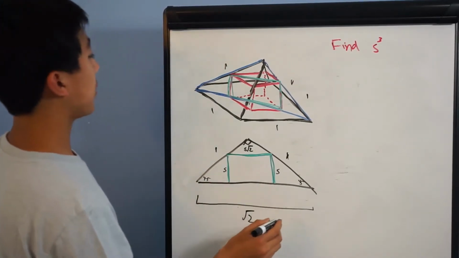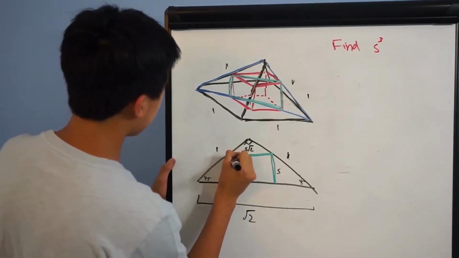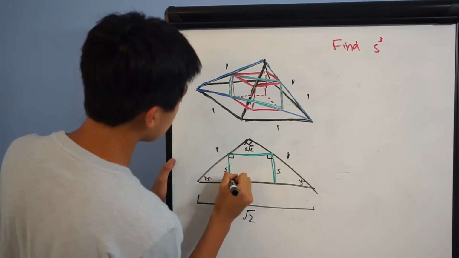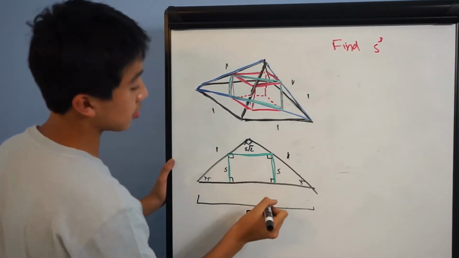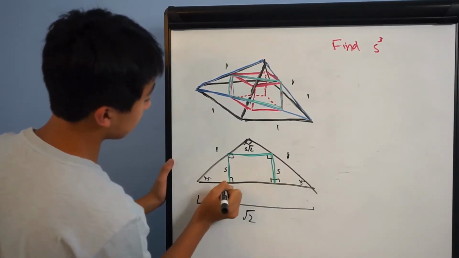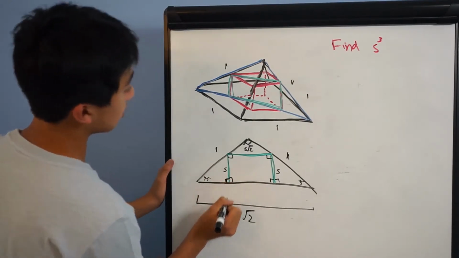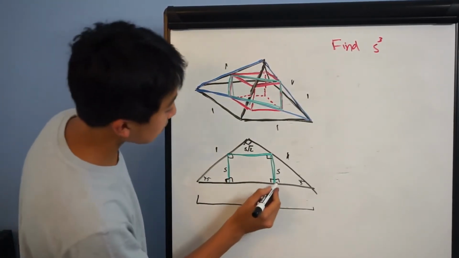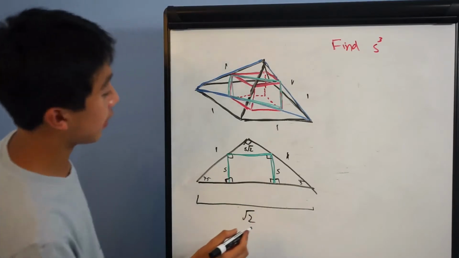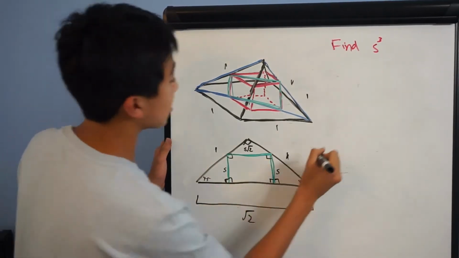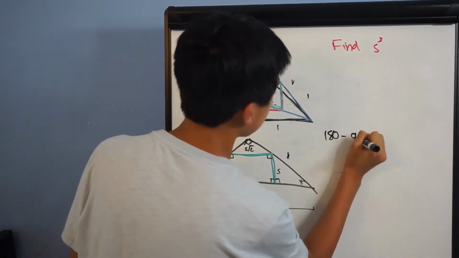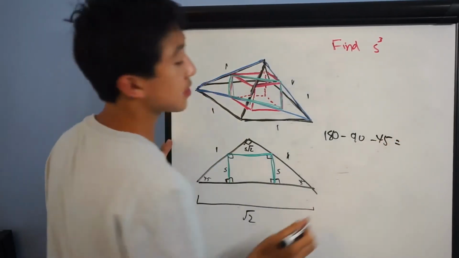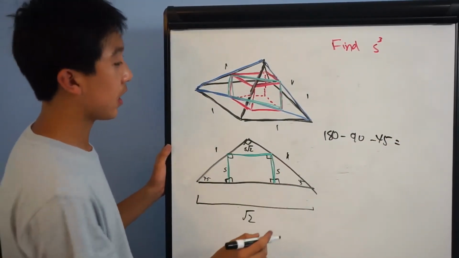So now we know these two angles. We know these are 90, since this is a rectangle, which in turn means this angle is 90, and this angle is 90. Now, since we know this is 90 and this is 45, this angle here has to be 180 minus 90 minus 45, since the sum of these three angles is 180.